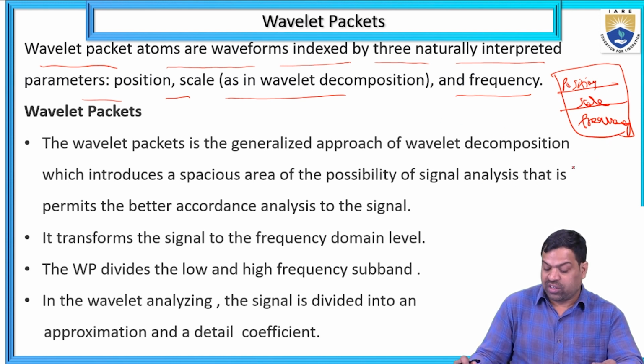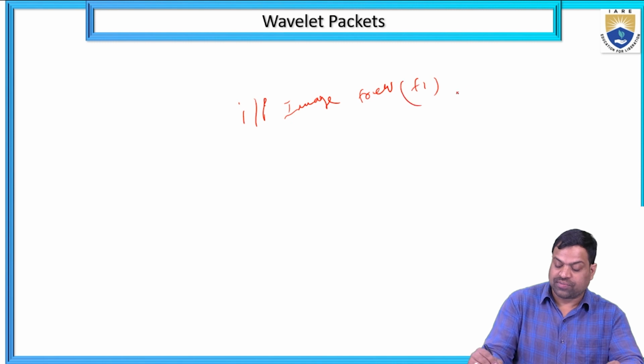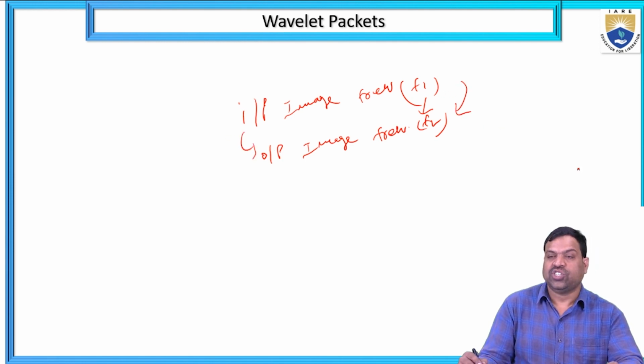Suppose I am taking the input image with frequency f1, and the output image has frequency f2. From f1 to f2, has the frequency changed or not? Yes, it has changed. Why?